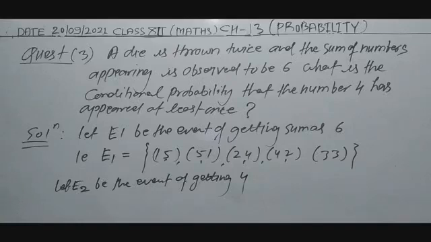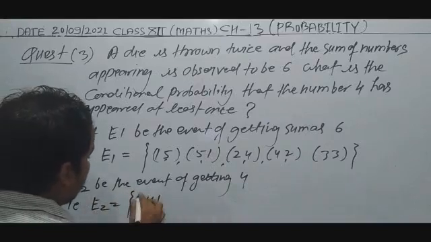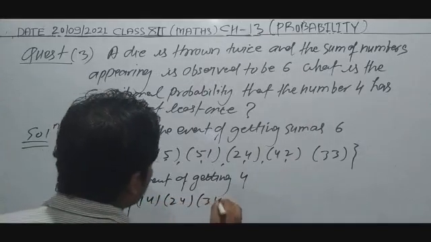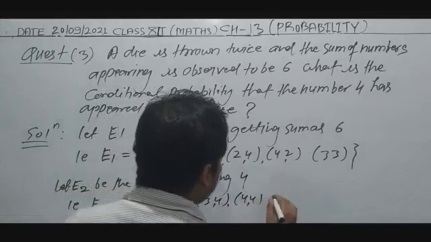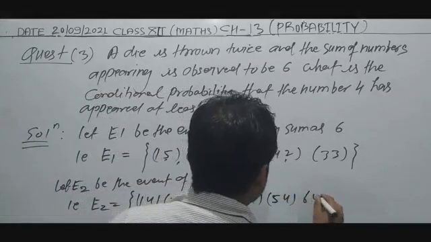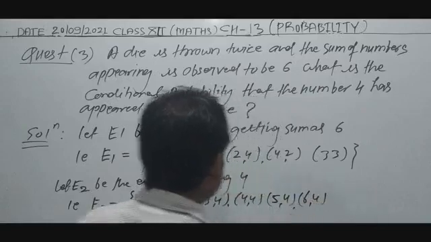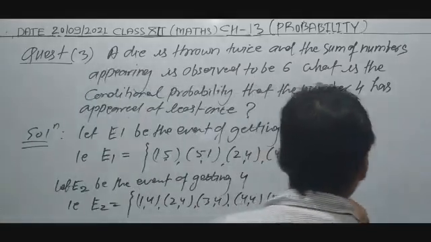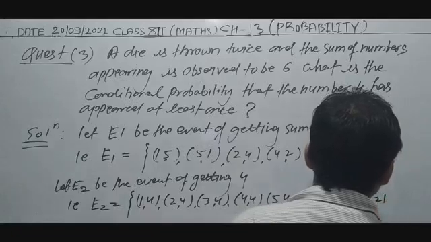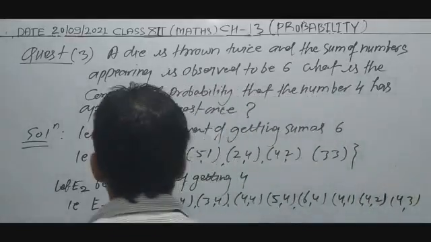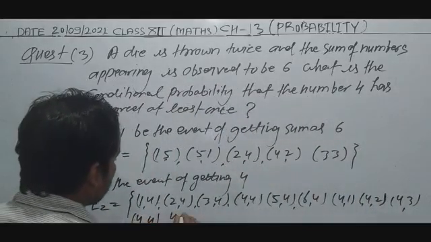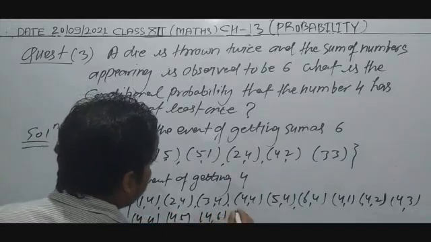Now there will be 12 ordered pairs: (1,4), (2,4), (3,4), (4,4), (5,4) and (6,4), and (4,1), (4,2), (4,3), (4,4), (4,5) and (4,6).